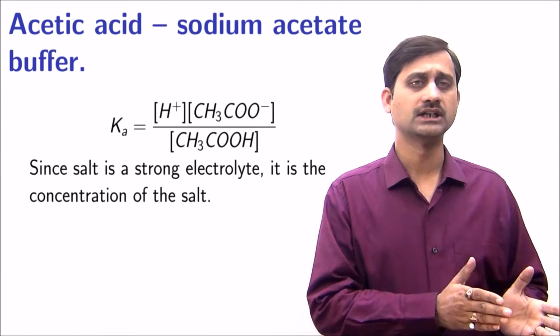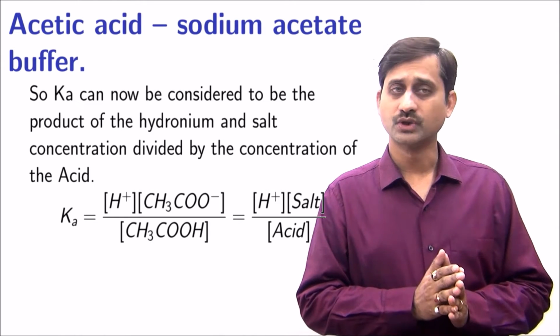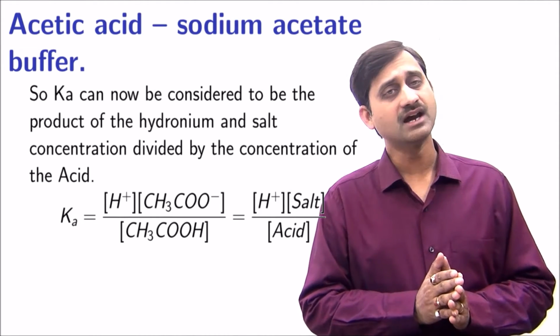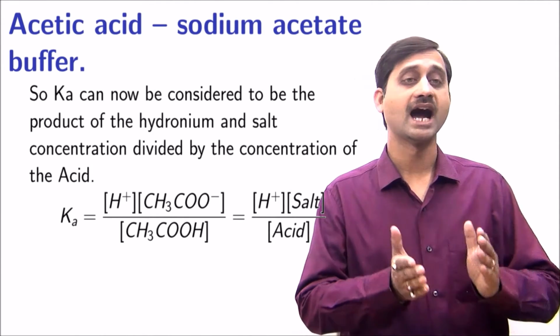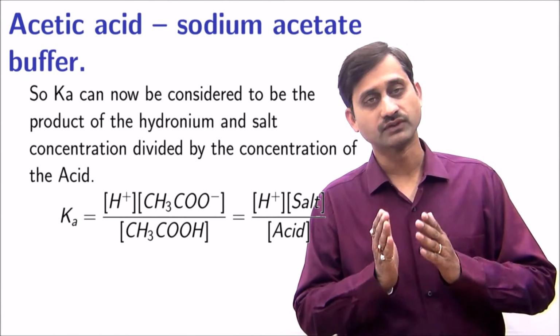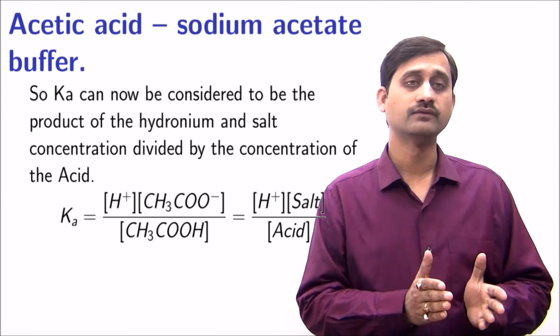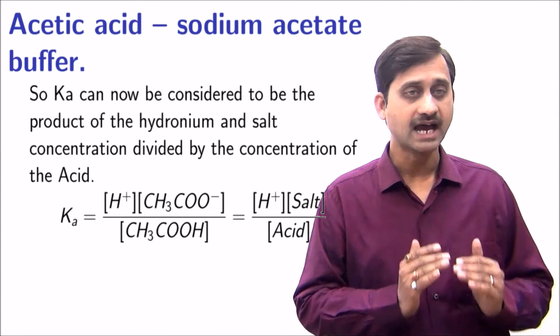Since the salt is a strong electrolyte, it is the concentration of the salt itself. So Ka can now be considered to be the product of the hydronium ion and the concentration of the salt divided by the concentration of the acid.